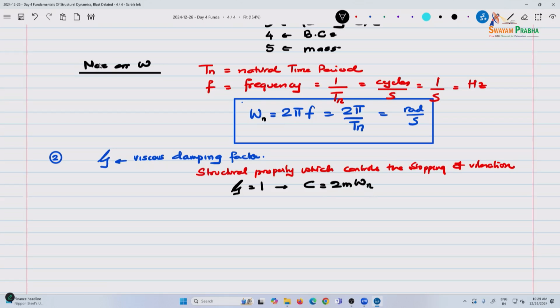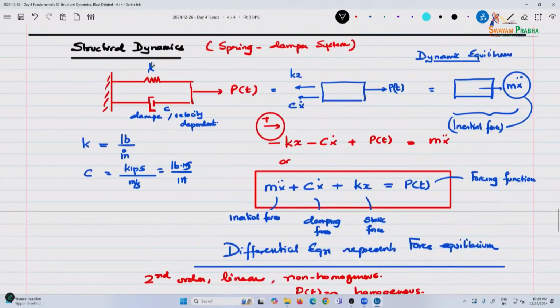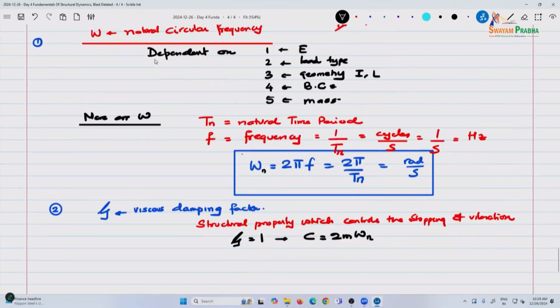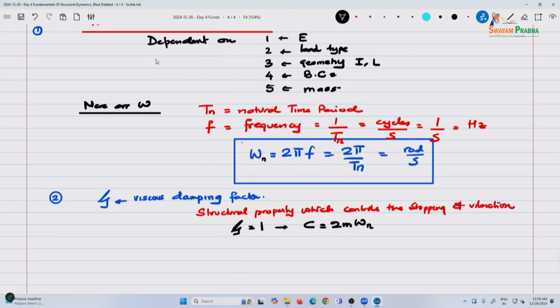So this is, we started with that definition. C is equal to 2m omega n.